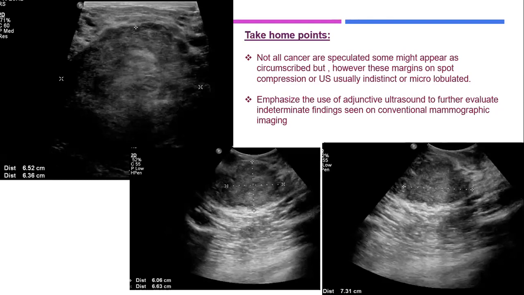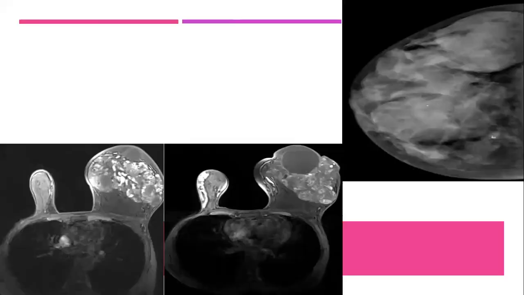It has microlobulations. Just to remind you that some cancers might be seen as circumscribed on mammography, but if you do spot magnification or ultrasound, you will find the lesion is actually indistinct or micro-lobulated. And we have to emphasize the use of adjunct ultrasound to further evaluate indeterminate findings seen on mammography.